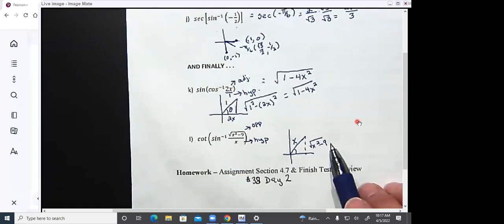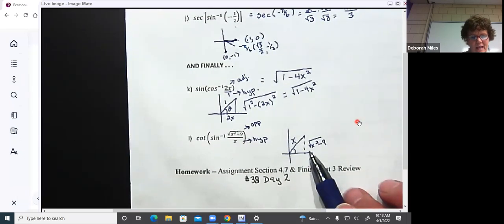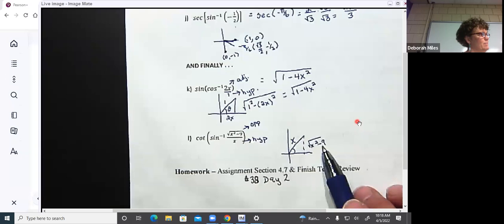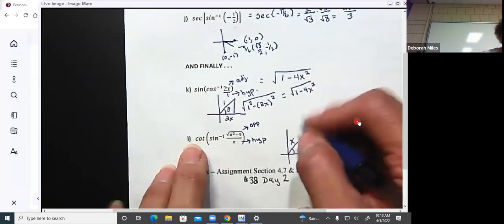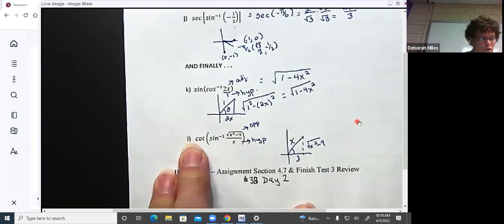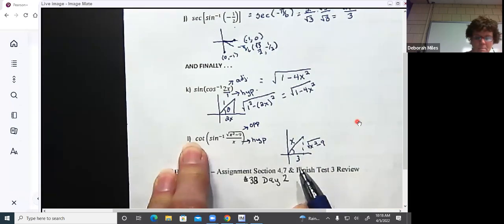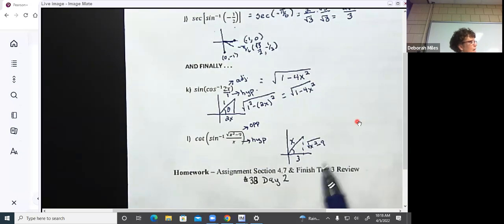9? No, if it were 9, this would have to be square root of x squared minus 81. But you're close. That would have to be 3 in order for square root of hypotenuse squared minus leg squared to be square root of x squared minus 9.